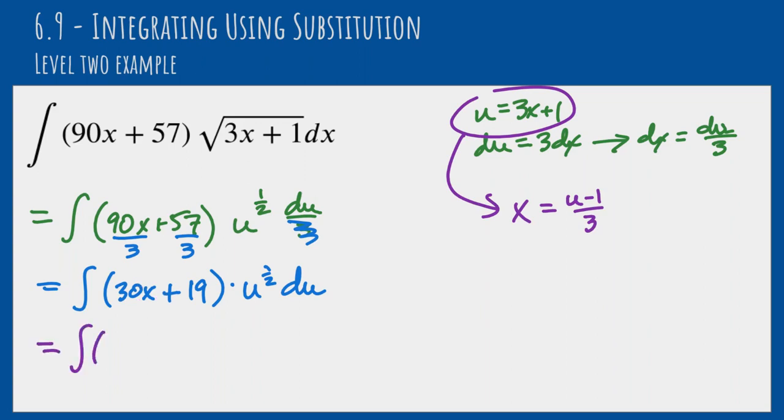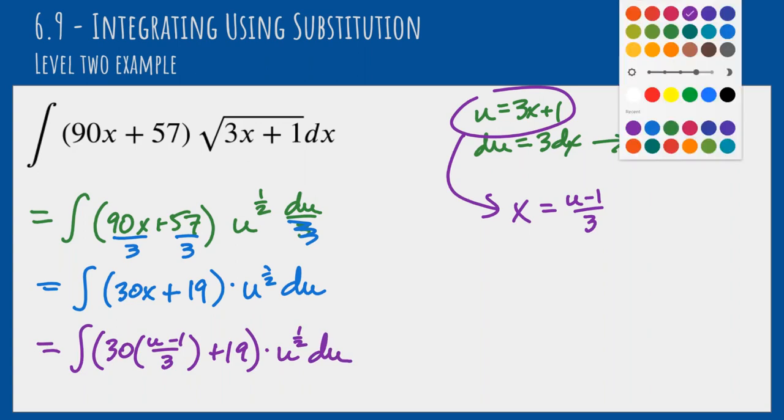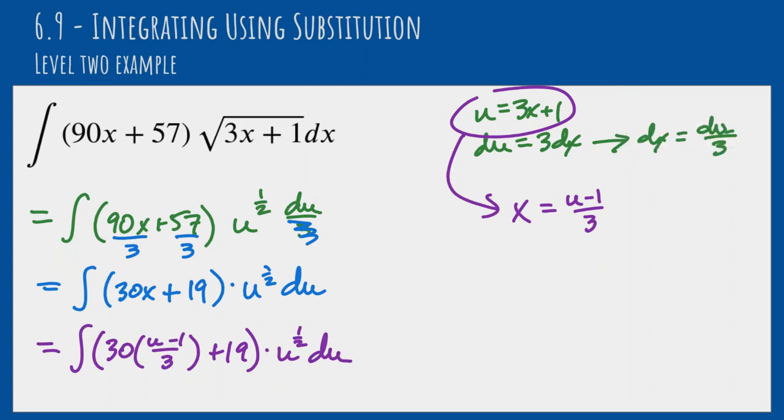So doing that, we're going to have 30 times u minus 1 over 3 plus 19 times u to the 1 half du. So then we can do a little simplifying there. That's going to give us 10.